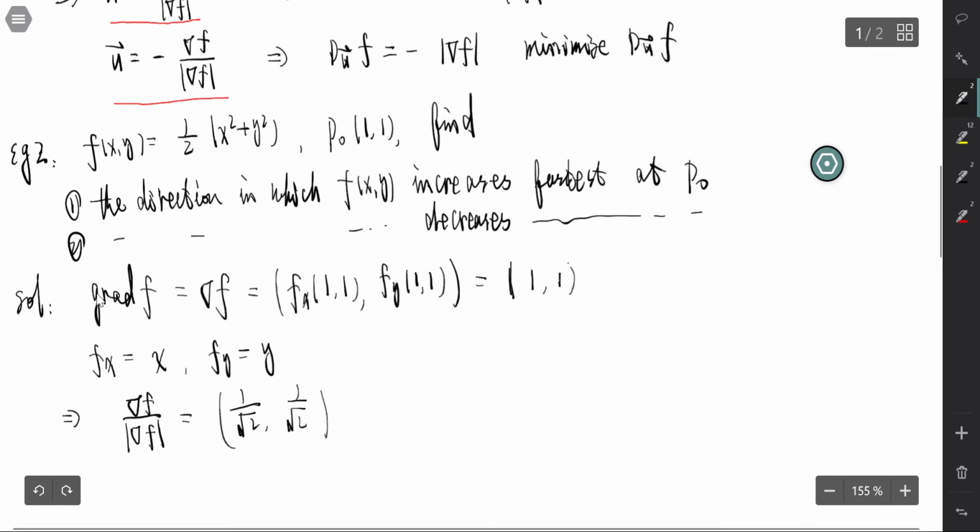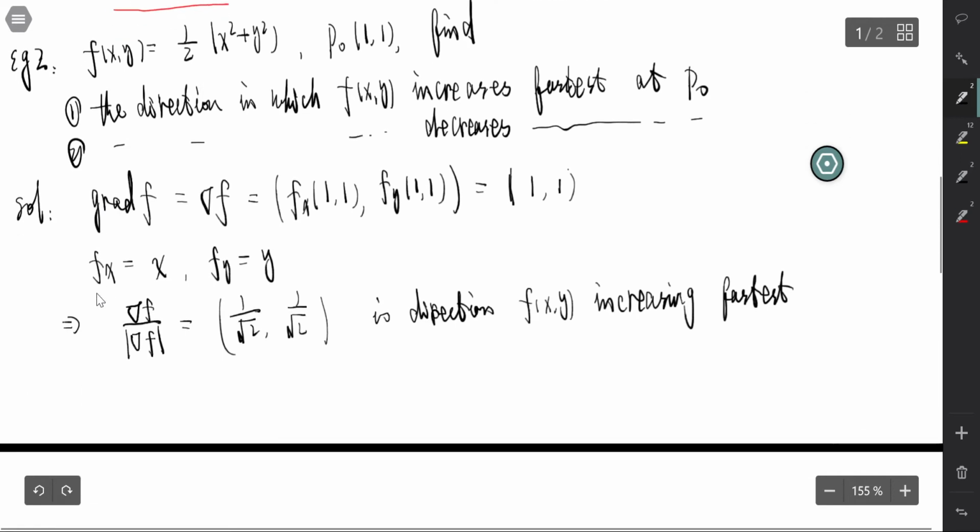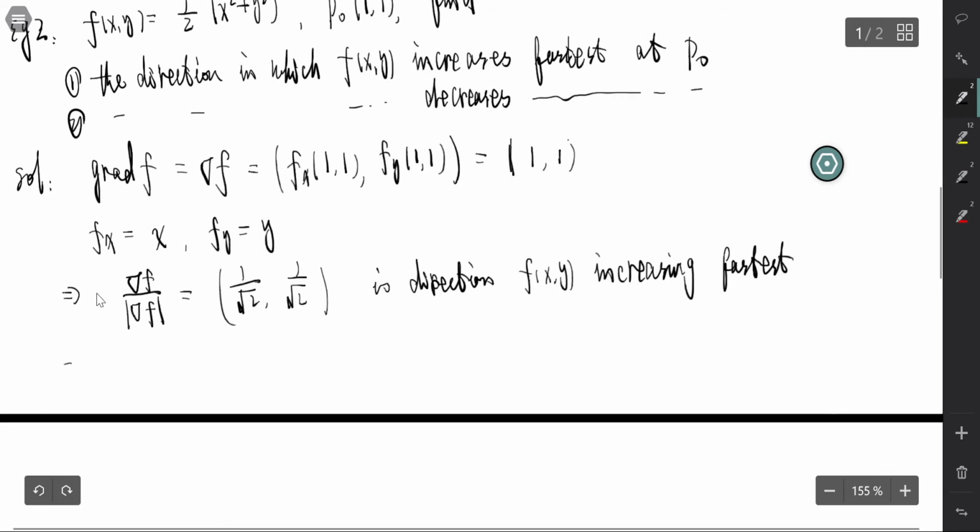And this is the direction in which f(x,y) increases fastest.